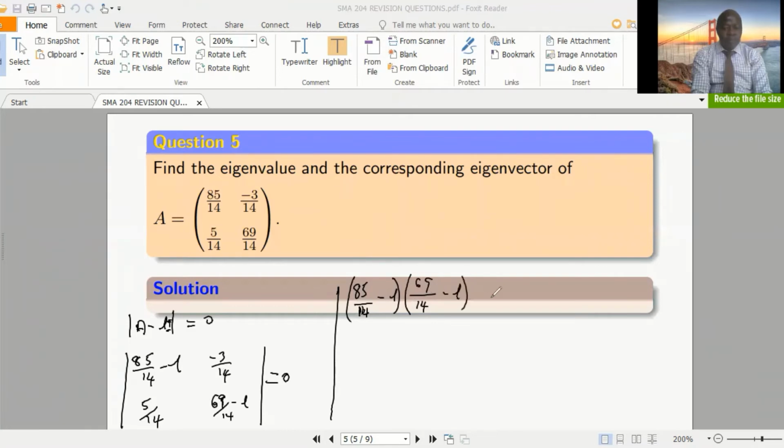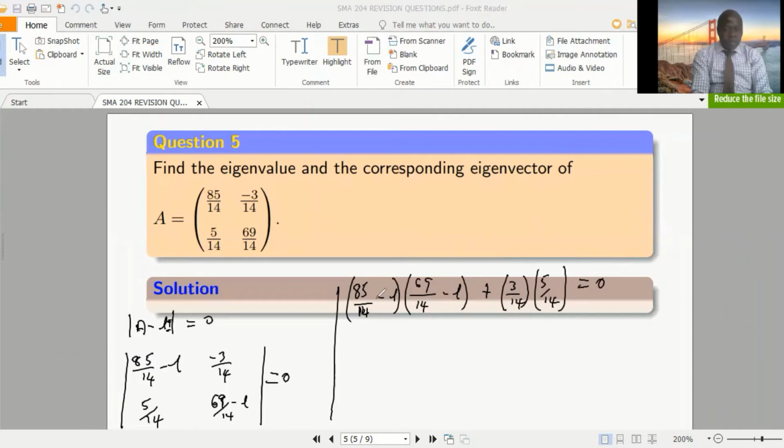And then this is minus, this is plus, so when you subtract, the result will be positive. And this will be 3 out of 14 multiplied by 5 out of 14. And this is all equating to 0 so that we can get lambda.